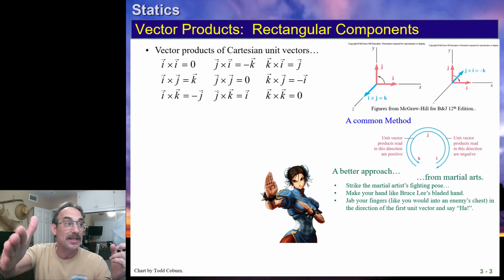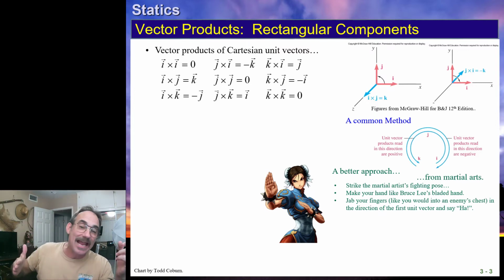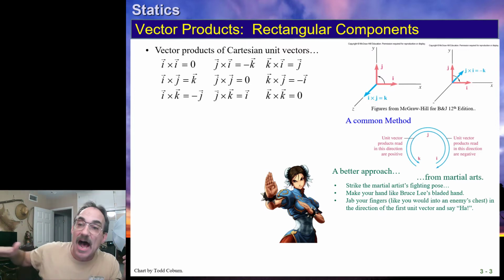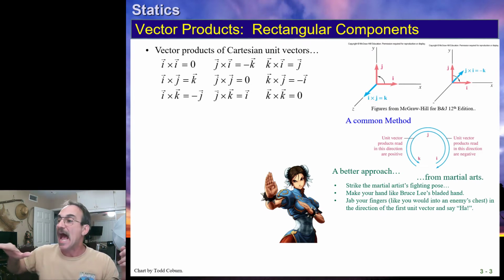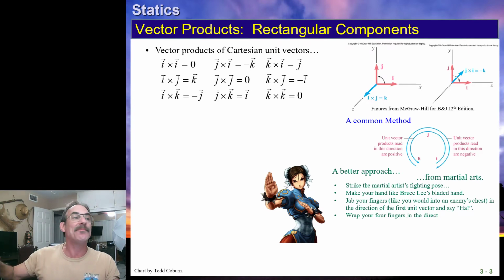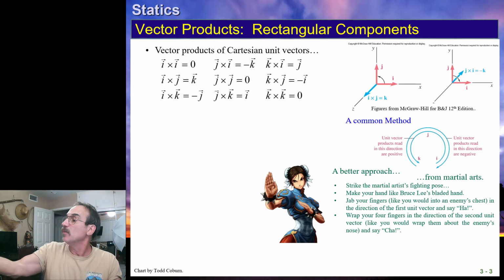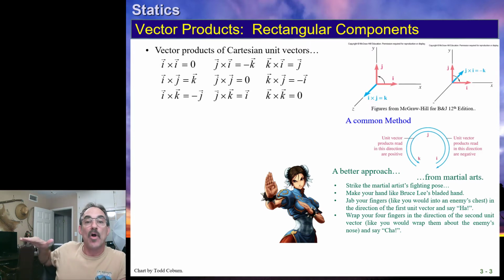So remember, if we're doing I cross J, we're jabbing them down the I axis, our first vector. We're going to say, ha, in the first direction. Then we are going to wrap them toward the second. If we're going I cross J, we go I, ha, and then we wrap them toward the J. Now, if you got your hand the wrong direction, we say, oh, wait a minute, J's up here.